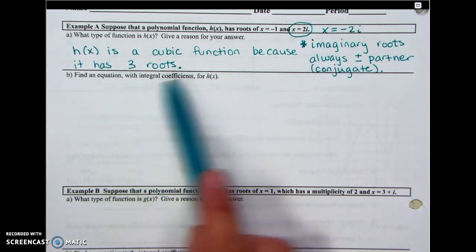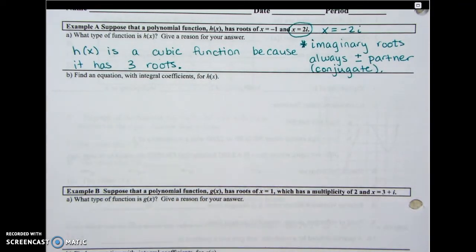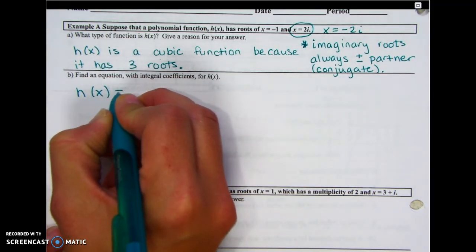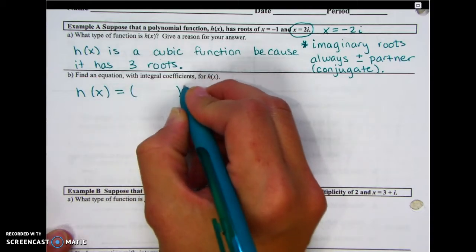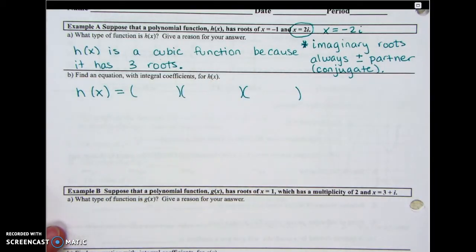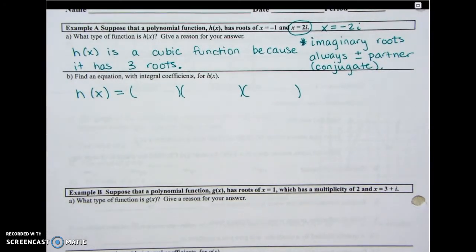Okay. Now we're going to take these roots and we're going to write our own equation. This will be fun. So watch. H of x equals, okay, if it has 3 roots, then it has 3 factors. You agree? Yeah, 3 roots, 3 factors.